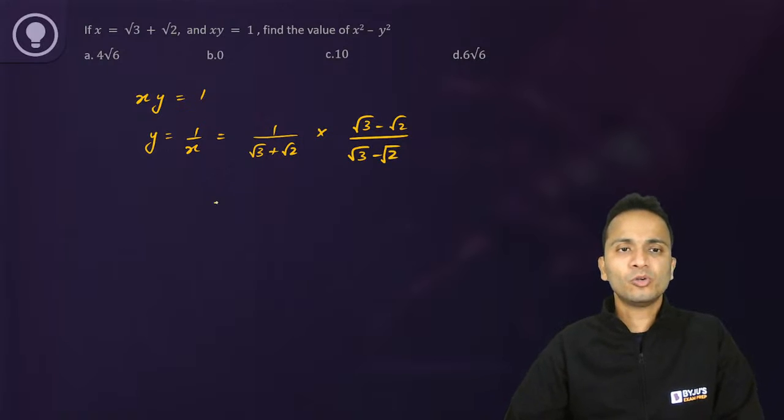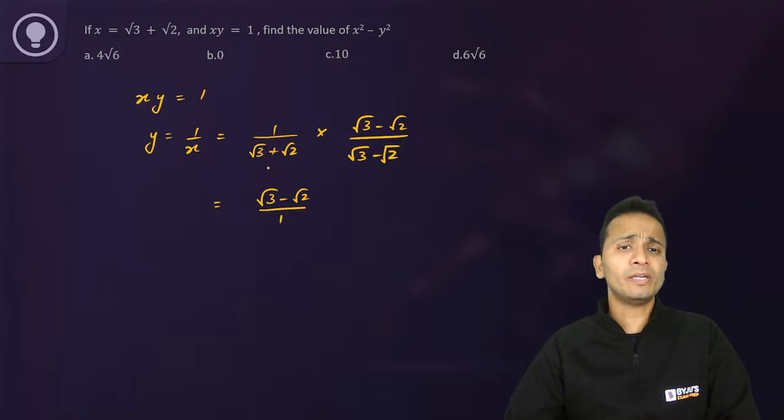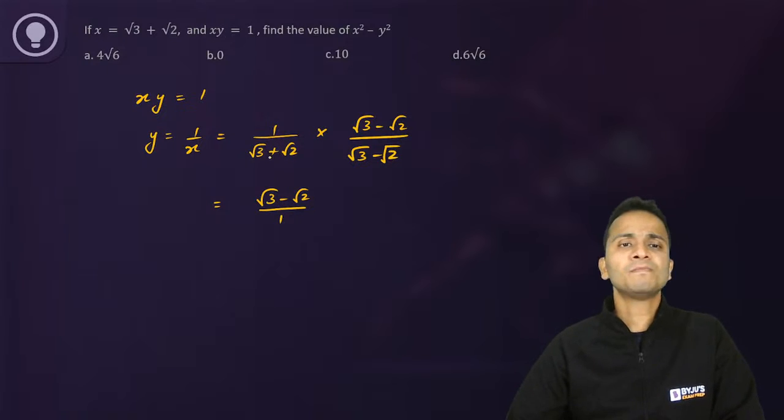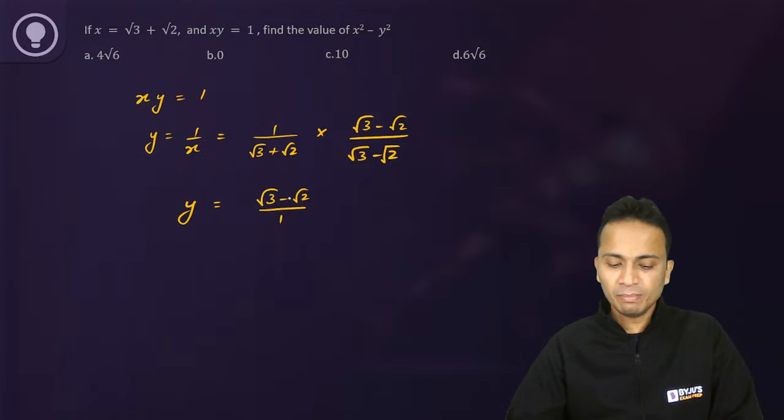So the value of y will become (root 3 minus root 2) whole upon 1. Root 3 square is 3, so the formula (a plus b) into (a minus b) will apply and this will become 3 minus 2, that is 1. So the value of y will be equal to root 3 minus root 2.